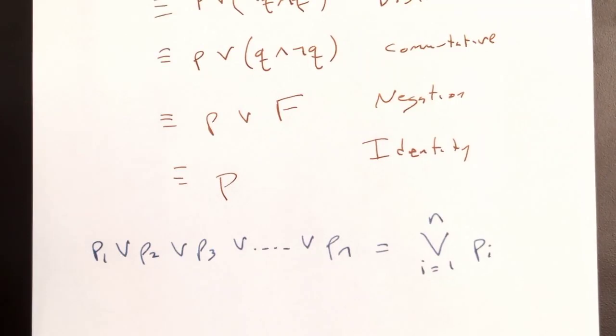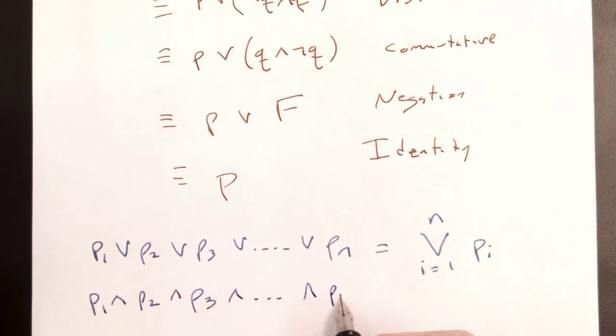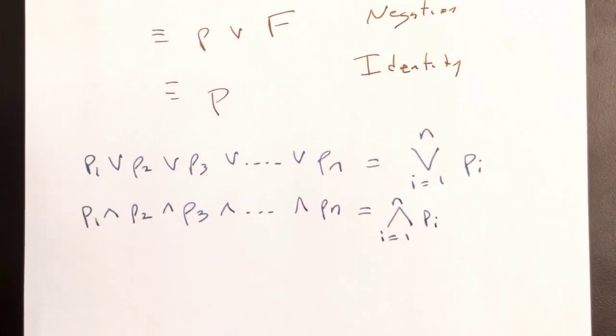And I can do it for ors, I can do it for ands, because when they're all the same, the order in which I do them by the associative property doesn't matter. That only works when they're all exactly the same. All have to be and, all have to be ors.